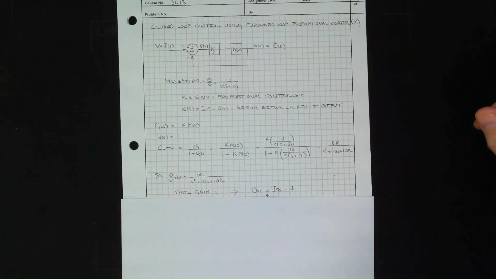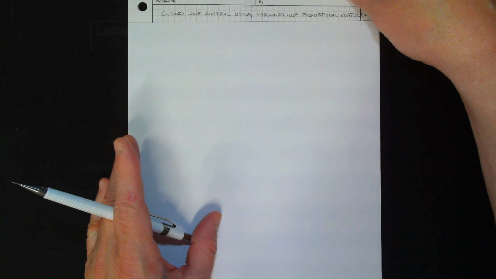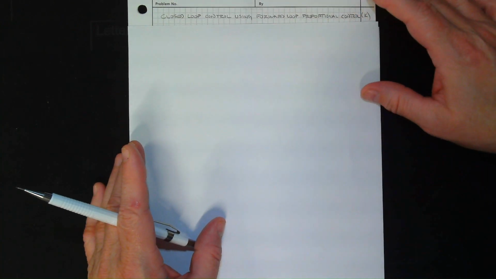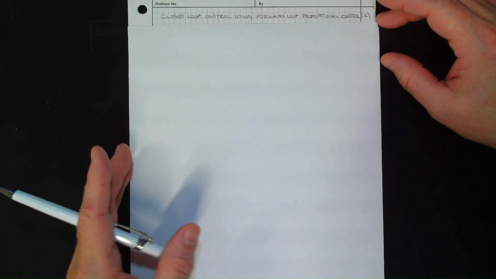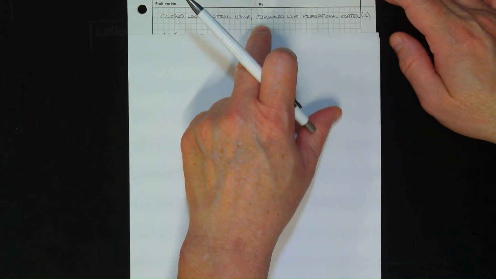All right, we want to apply this, to show you how this works and some of what controls do, to motivate some of our work here. We're going to do a closed loop control system where we use a forward loop proportional controller. What does that mean?